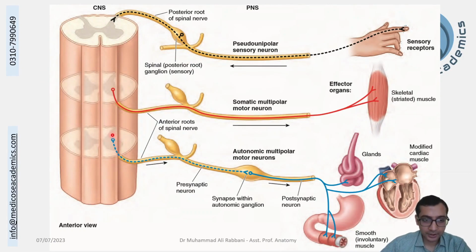The preganglionic, presynaptic cell body is in the CNS. The axon exits, comes outside, and synapses with the cell body of the postsynaptic, postganglionic neuron. This postganglionic neuron gives rise to an axon that goes and affects the effector organs.